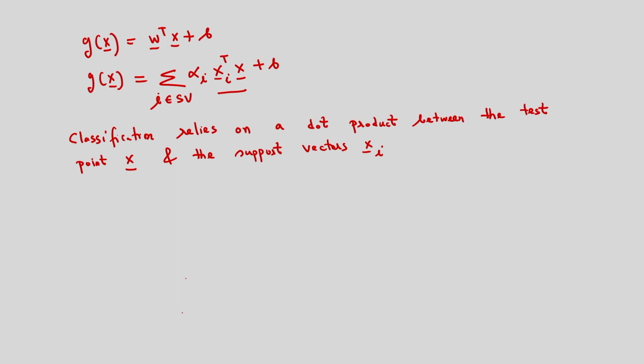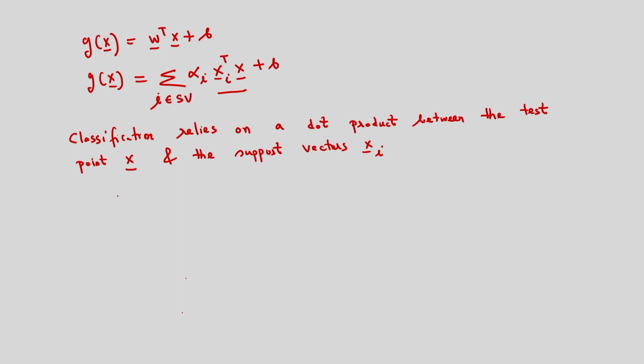Also, one important point is, for solving this optimization problem, what do we need to compute? We need to compute the dot products of xi and xj between all pairs of training points. Whenever I want to solve the optimization problem, I have to compute the dot product between xi and xj for all pairs of training points.